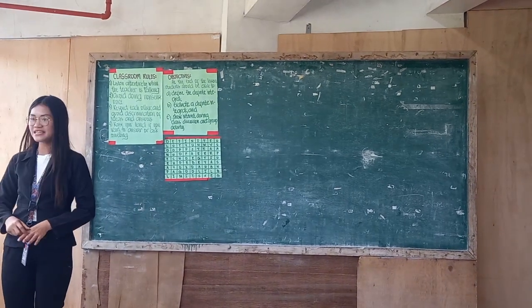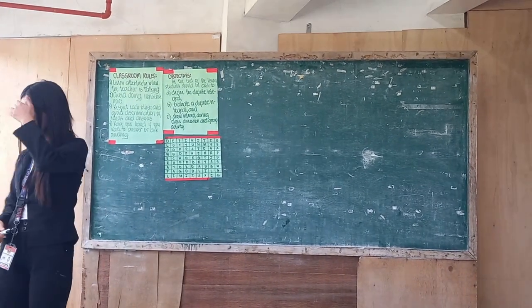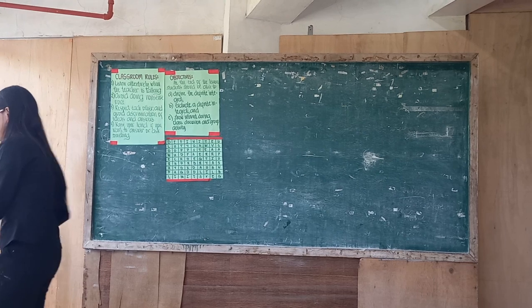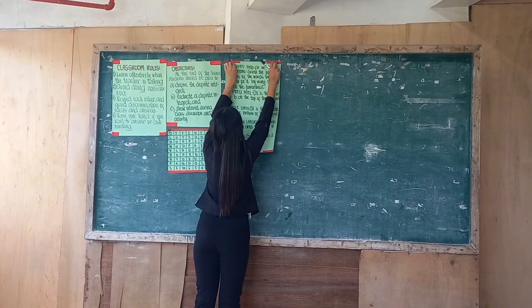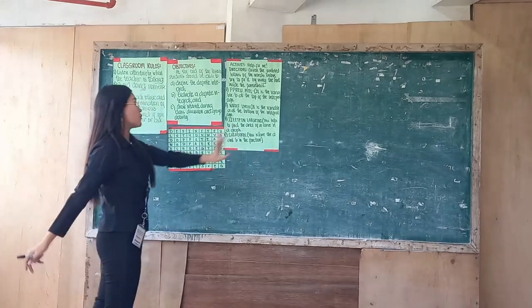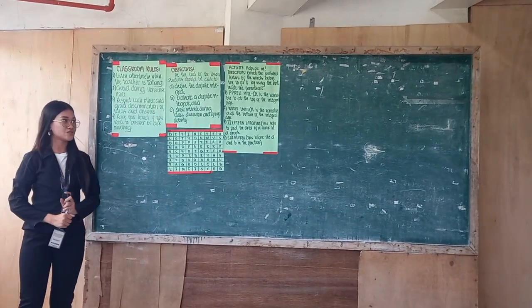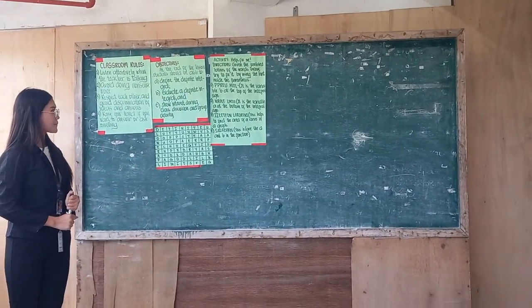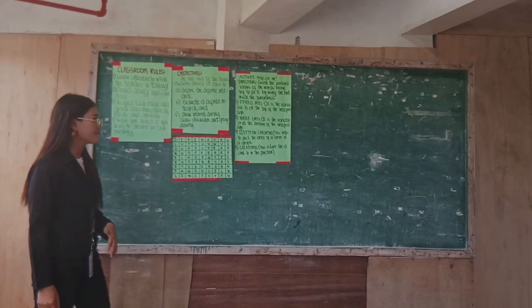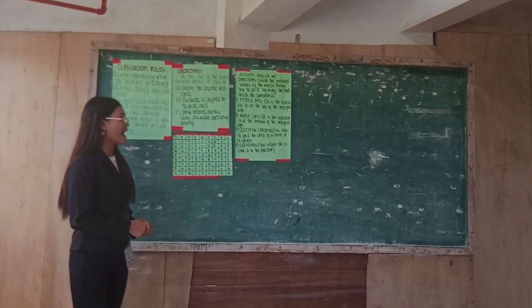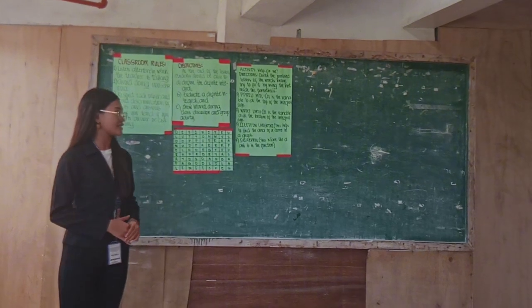Now, for our next activity, okay, everyone, please read the directions. Number one, it is the variable b at the top of the integral sign.